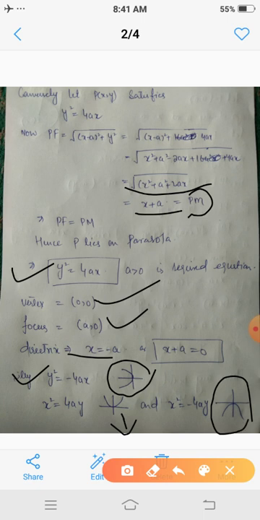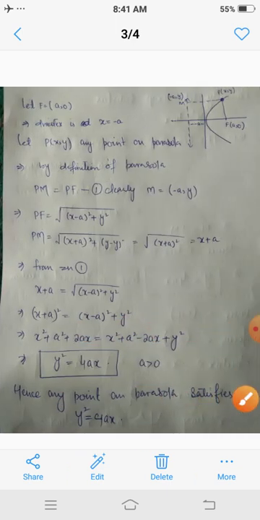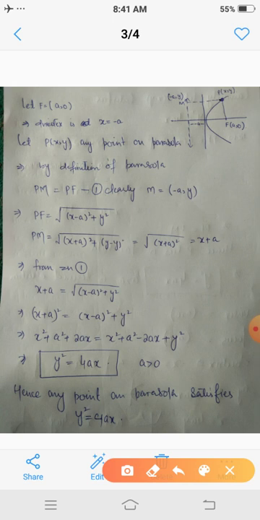Now here, if we consider this very parabola, consider P(x, y). P(x, y) is the point, and let us draw a line perpendicular to the x-axis through this point.